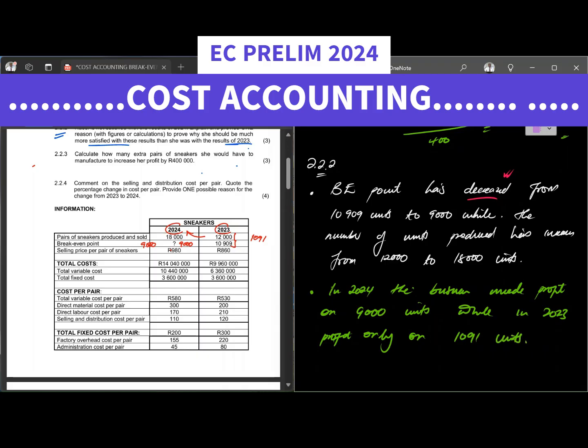That's the second point. Now, with the second point, I'm bringing in the aspect of profit. If I want to stretch it further, I can now come and give the third and last point.